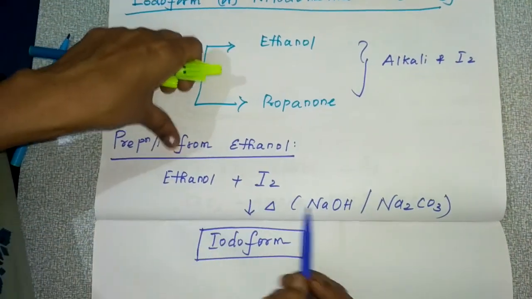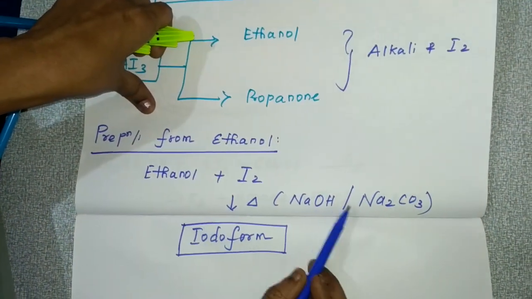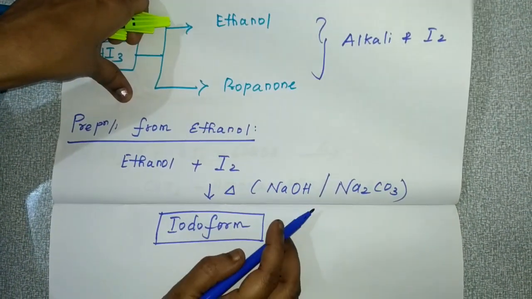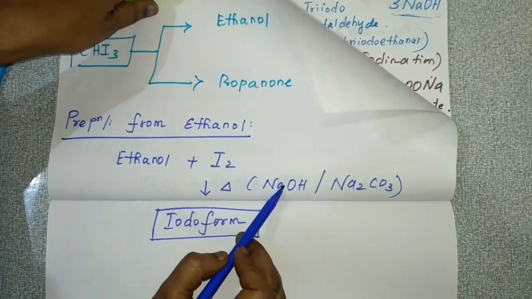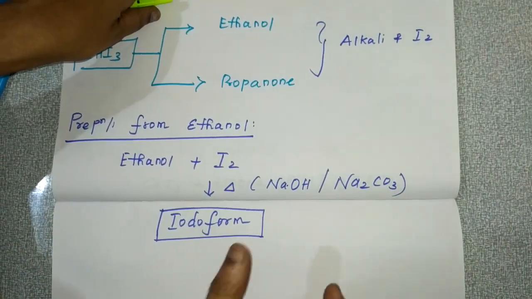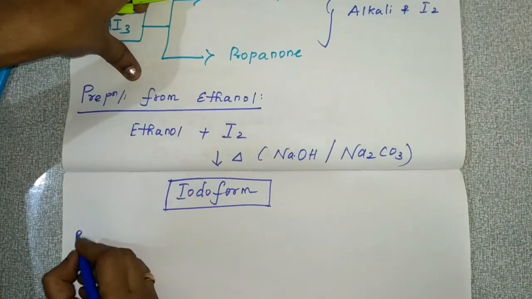So when you are heating ethanol with iodine in the presence of sodium hydroxide, first the reaction will take place between sodium hydroxide and iodine. So that is your first step. So first I'll write step 1.